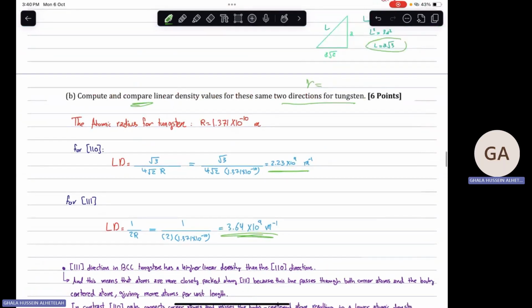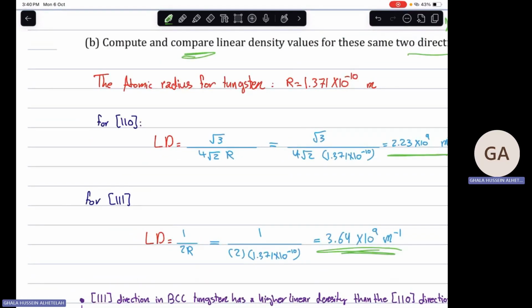The crystal structure that we have, as mentioned in the question, is BCC, where the more dense direction is along the diagonal vector, right? Which means in the 111, which represents the diagonal, we must have the higher density.